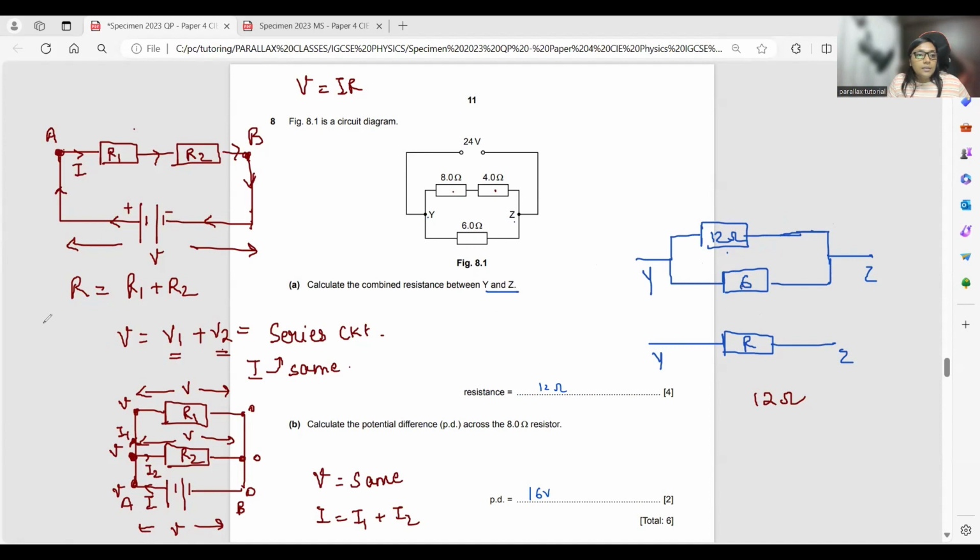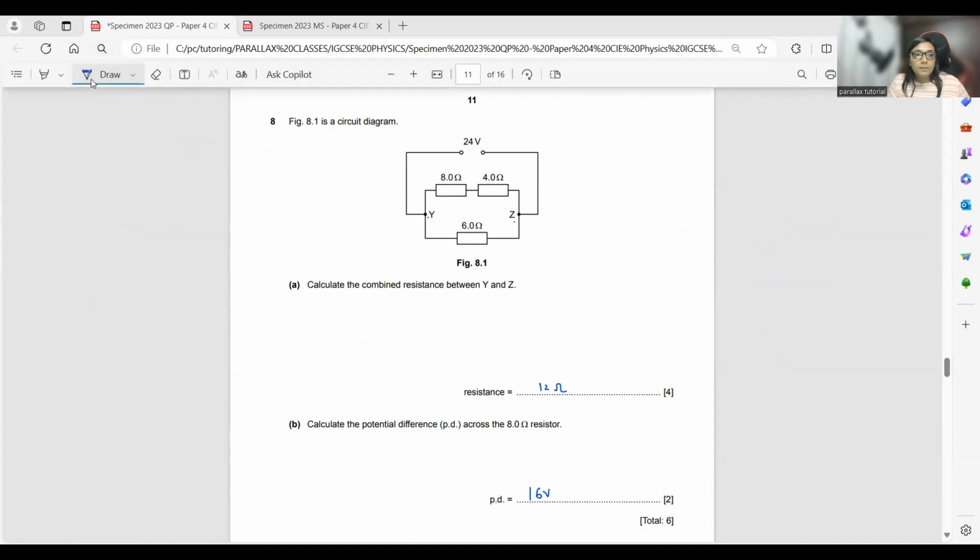Okay, now I'm going to erase all the work over here because we are going to write on the paper, right? This is what you're going to write on the exam paper as well. So 8 plus 4 will give you 12 ohm in series circuit. You don't write CKT, you write circuit, the whole thing. So this is 12. You can draw a small diagram on the side.